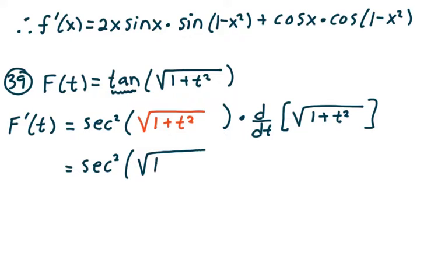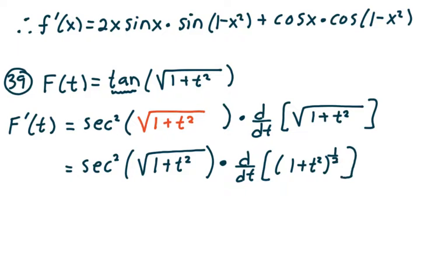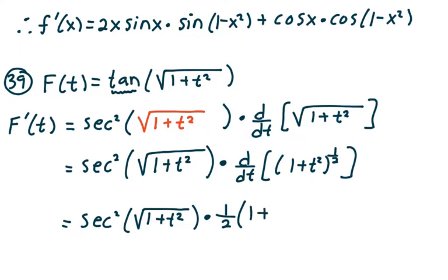Now, this is secant squared of the square root of 1 plus t squared times the derivative of 1 plus t squared to the 1/2 with respect to t. And so this is secant squared of the square root of 1 plus t squared times 1/2 of 1 plus t squared to the negative 1/2.